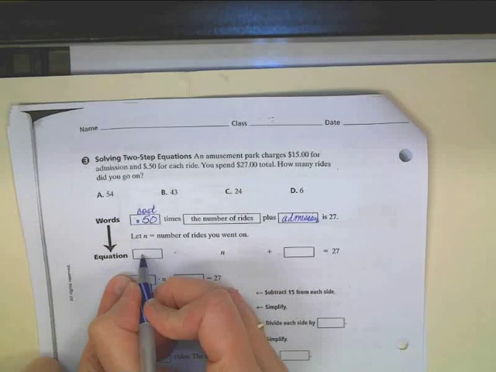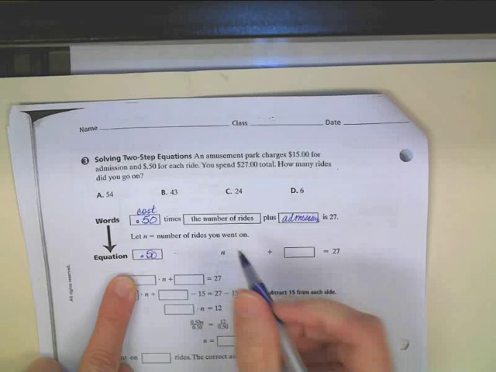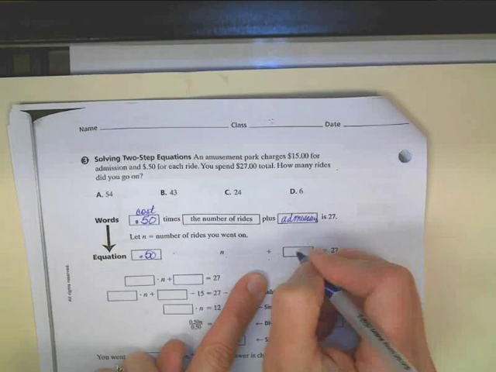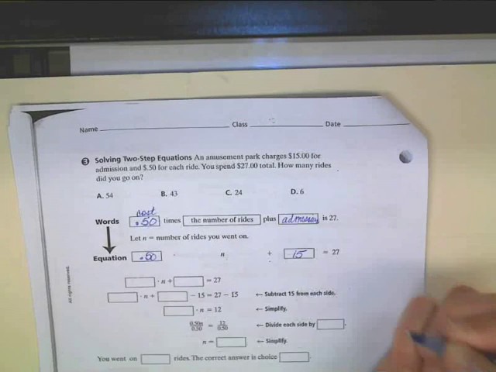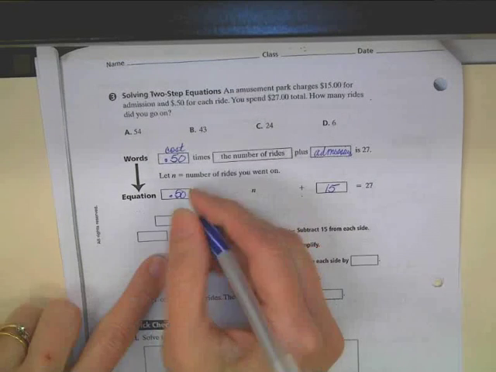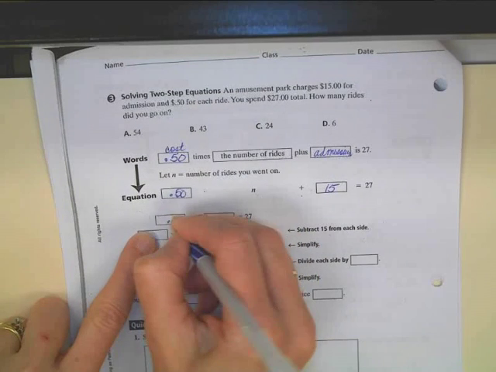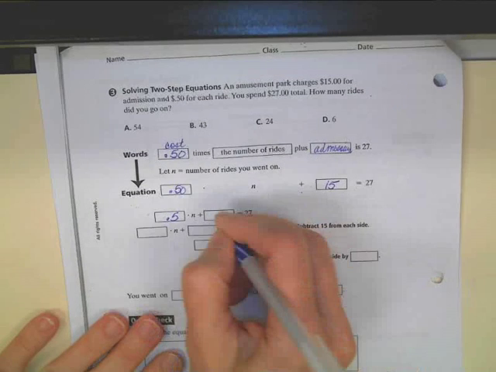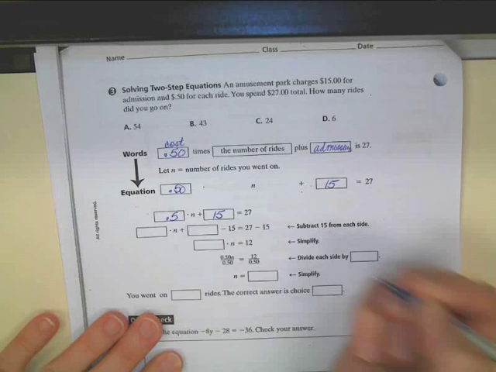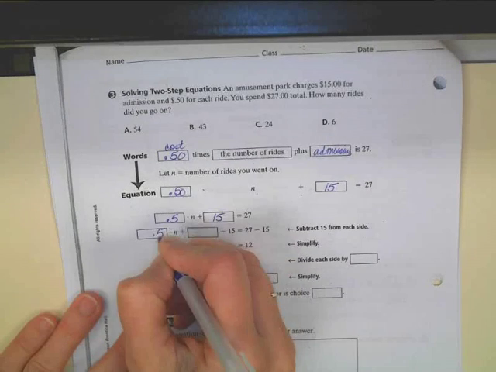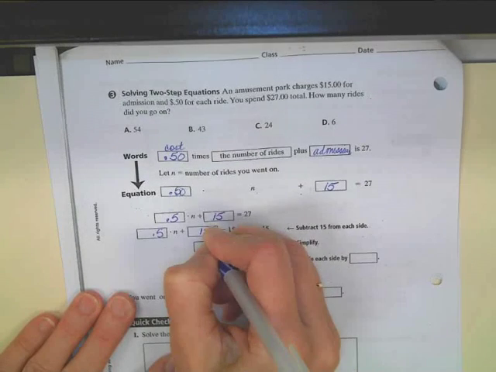So my numbers then are going to be 50 cents times n plus the admission fee of $15 is equal to the total of $27 that was spent. So this gives me 0.5n or 0.50. You don't really need the zero in the work, but if you have it, that's fine. Plus 15 is going to give me 27.